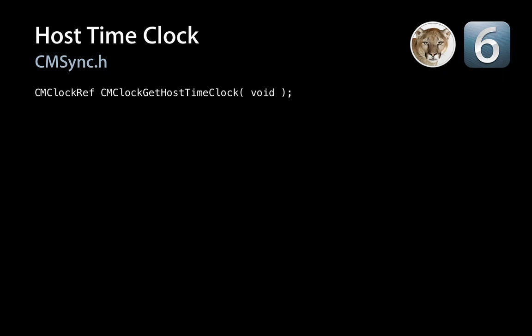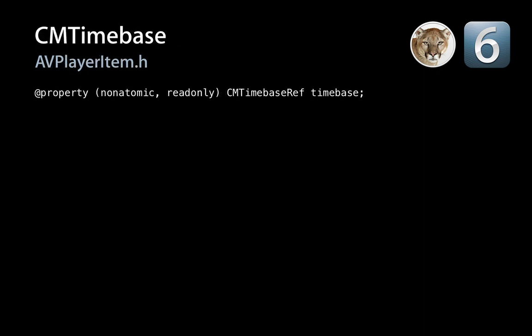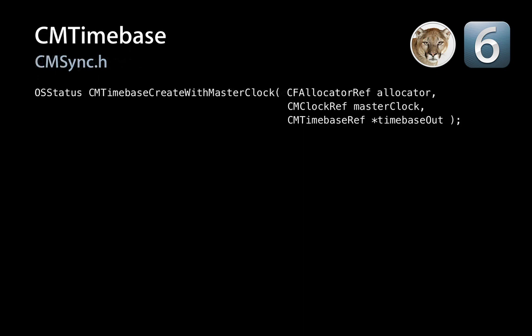On either platform, to get a reference to the host clock, you call CMClockGetHostTimeClock. To get a reference to the time base, we've added a new property on the AVPlayerItem. And you can also create a time base and slave it directly to a clock by calling CMTimebaseCreateWithMasterClock. And you can use this for an AVSampleBufferDisplayLayer.